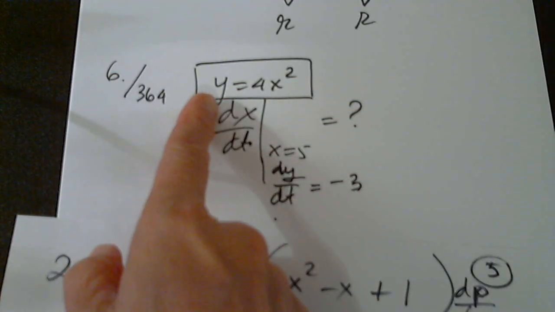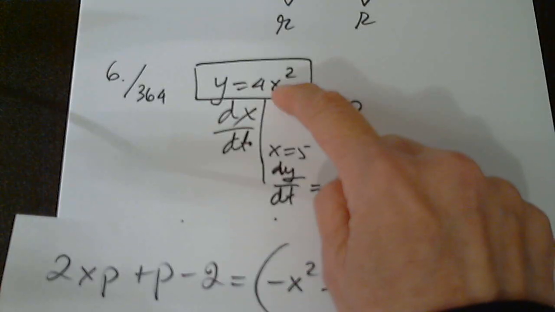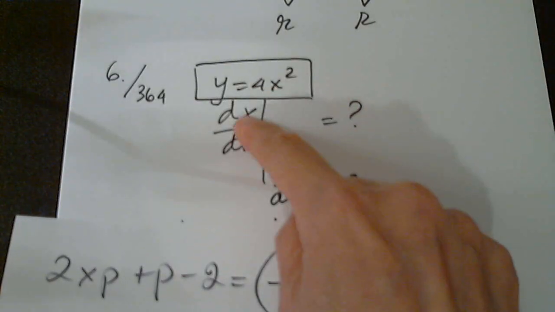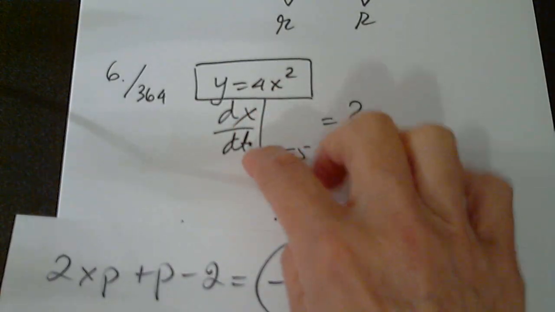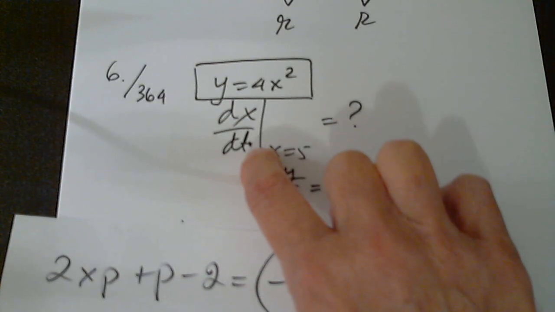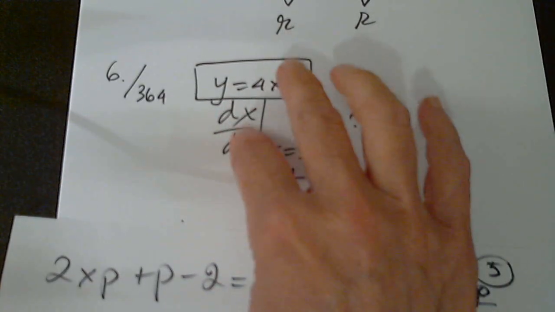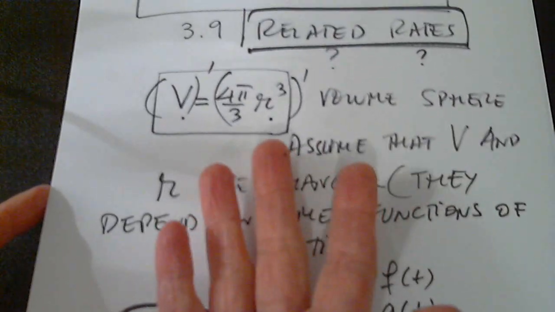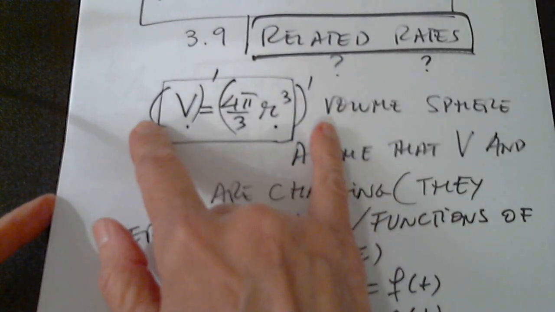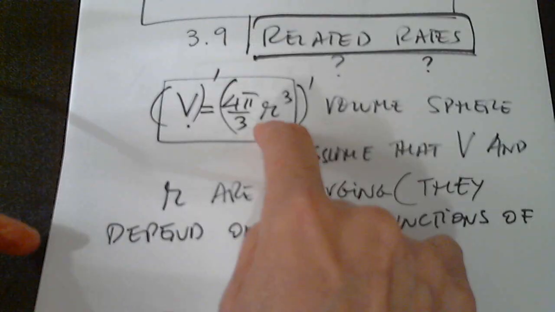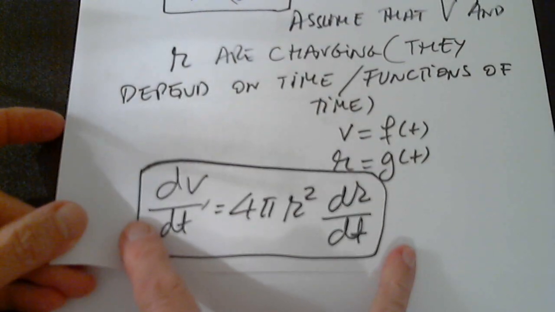How do I know that x is a function of time? Because I'm asked to find dx over dt. So x is a function of time. Otherwise, this does not exist. So exactly like in my simple example, these are two functions of time. I am asked to find the relationship between their rates of change.